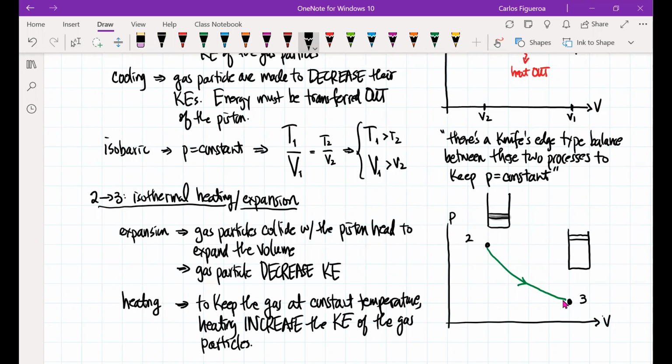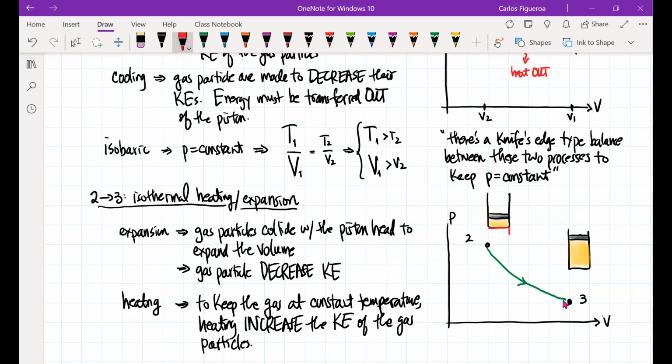So what I'm seeing here is that the expansion decreases the kinetic energy, because they got to give up the kinetic energy along this process here. And so the only way I can increase the kinetic energy of the particles is that I have to have what?